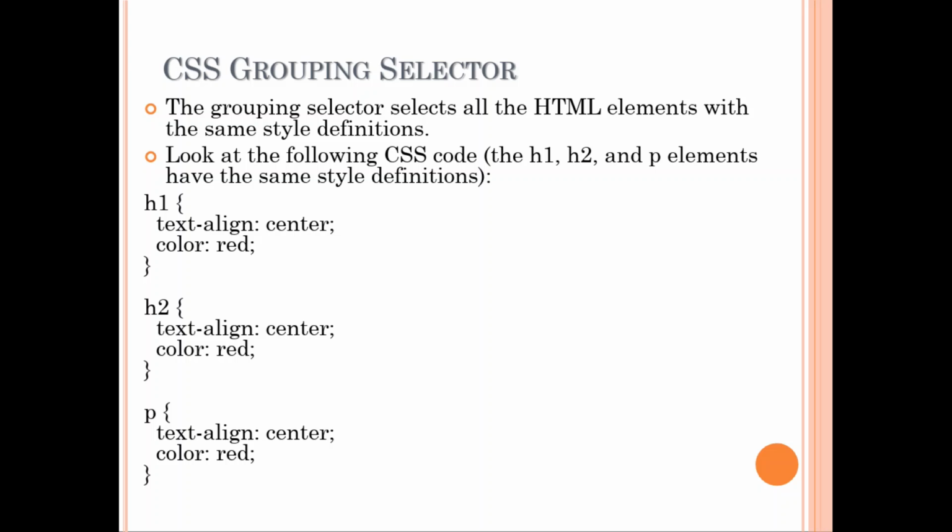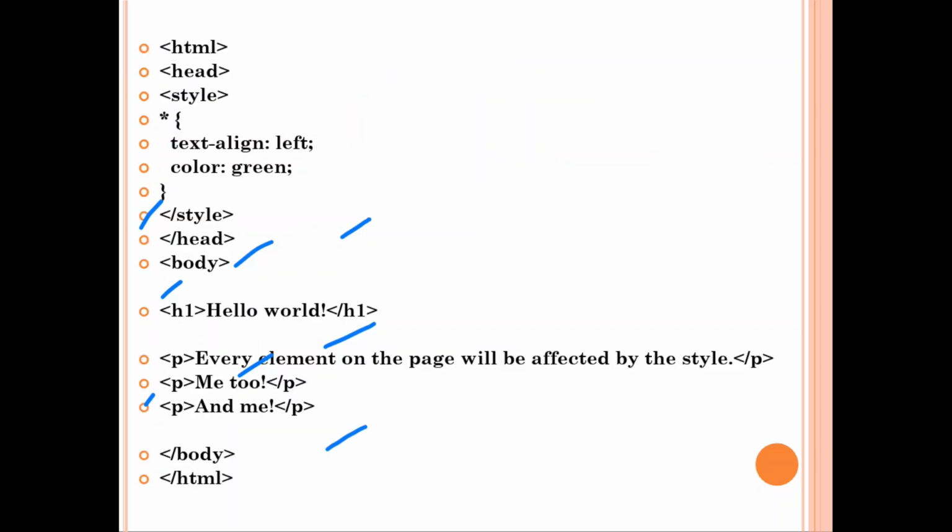Now come to our next topic, that is grouping selectors. Grouping selectors is not any other category, but look at this example. Here we have changed the properties of h1: text align center, color red; h2: text align center, color red; p: text align center, color red.